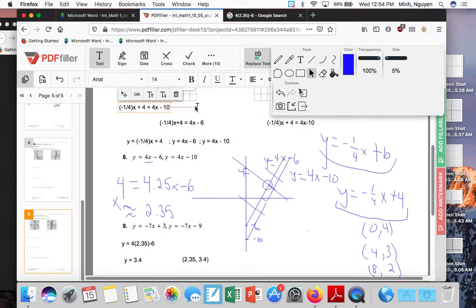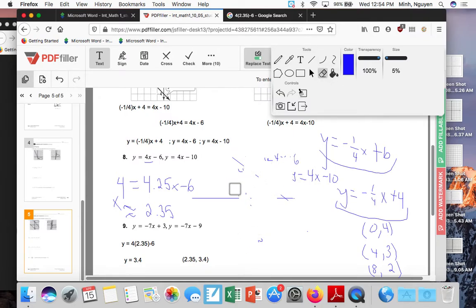And then you solve for x, and you plug it back in to solve for y, and then you will get another point. Actually, I'm going to do this all the way through, just to give you one good thorough example.